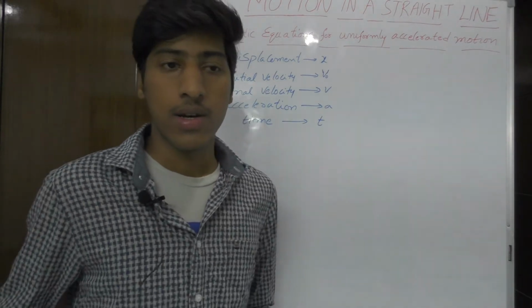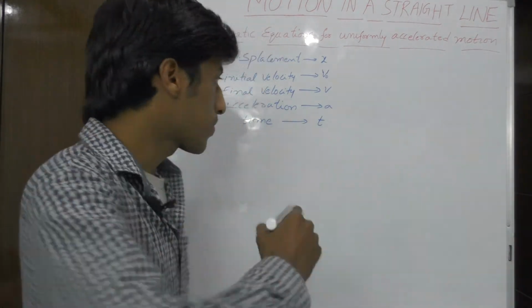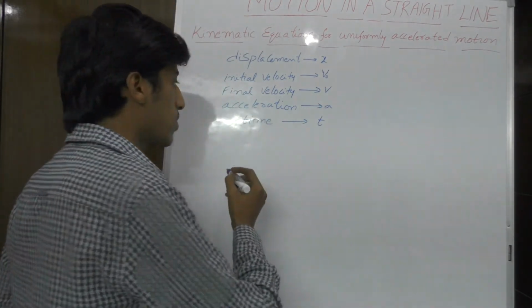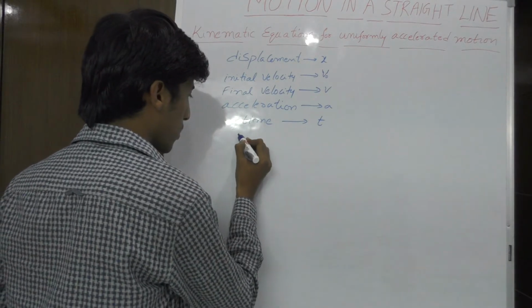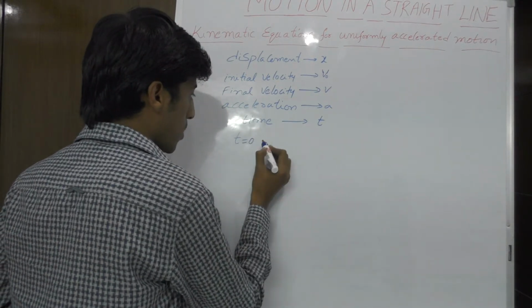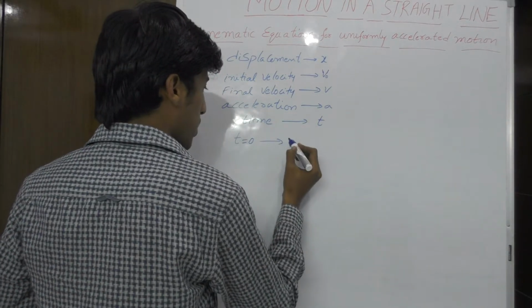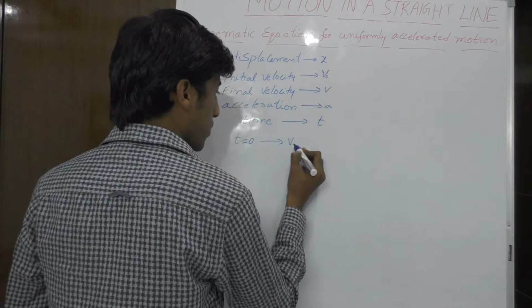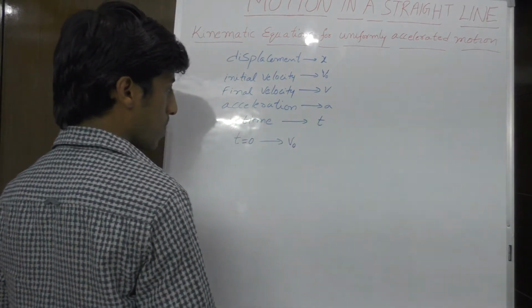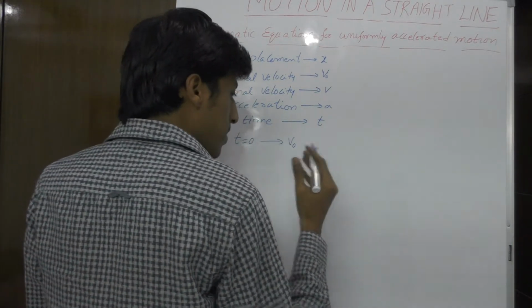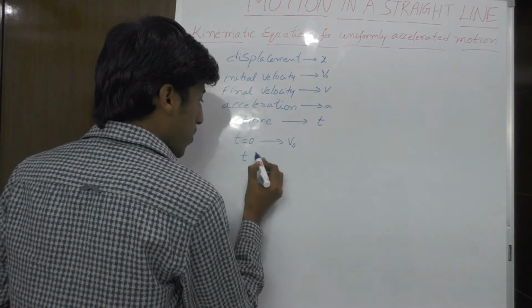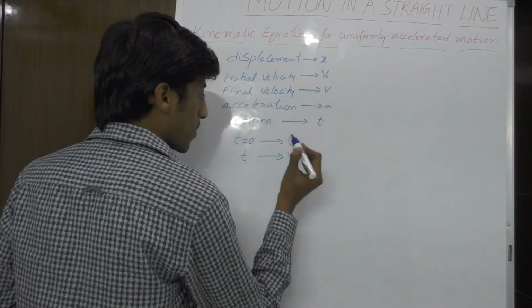My dear friends, let us assume at time t equals 0 seconds, the initial velocity of the object is v0, and after some time t seconds the velocity of the object is v.